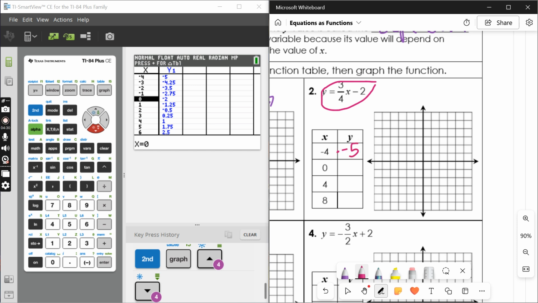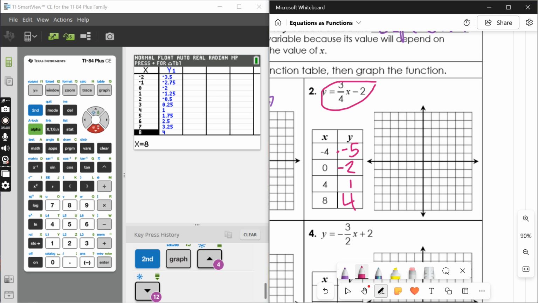If I look at my table on my calculator, it says 0 is negative 2. Here 4 is 1. And then on here I'll have to arrow down so that I can see what 8 says. 8 is 4. Okay, so I can use my calculator to help me find those values.